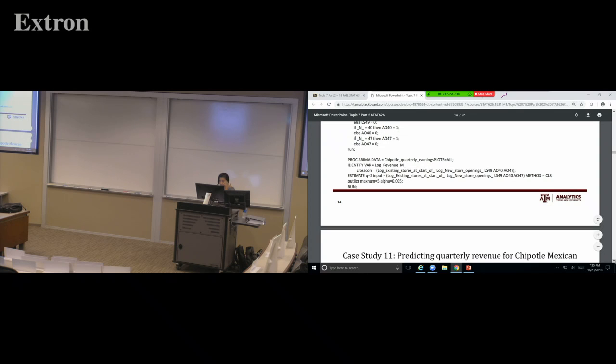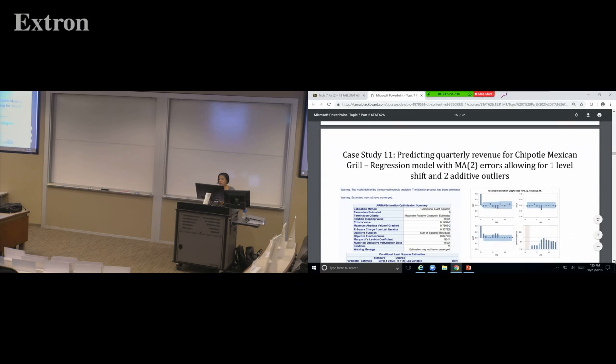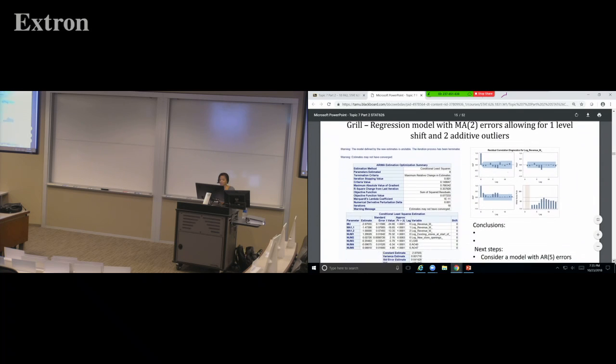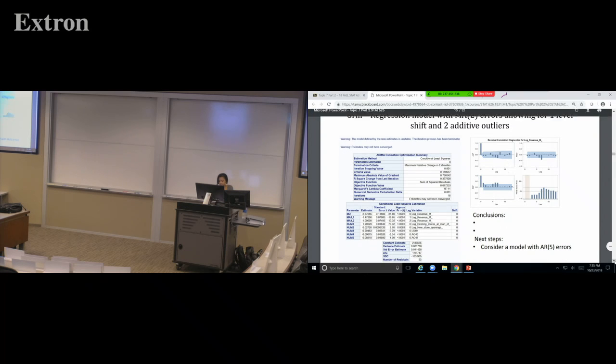Okay, so this was us fitting. Our goal was to allow for those additive outliers and that 1 level shift. When we add the 2 outliers and the level shift, what we see here is that the errors do not appear to be white noise, and so we're ending up with a not valid model.